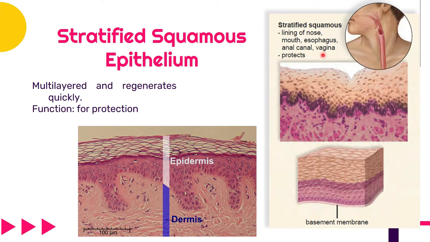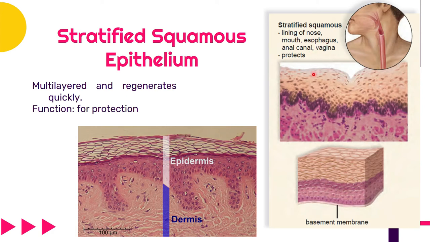Okay? So, for example, in the mouth and esophagus, we keep eating. So the mouth and the esophagus always have food passing through. There is friction when materials pass through these parts.